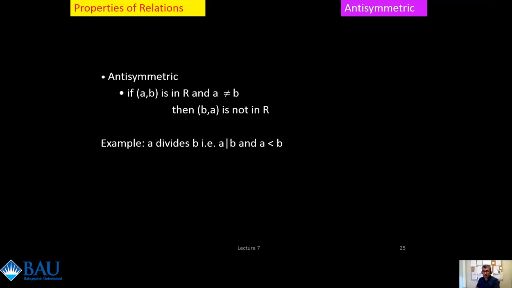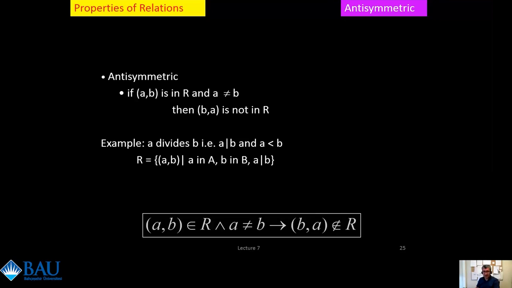A divides B. If A divides B, we cannot say that B also divides A. Or like this one, A is a parent of B. That one also is an example for antisymmetric. If A is a parent of B, B cannot be a parent of A as well. Antisymmetric means in a graph, all of them must be one-sided. If you saw a both-sided arrow in the graph, definitely that is not antisymmetric.